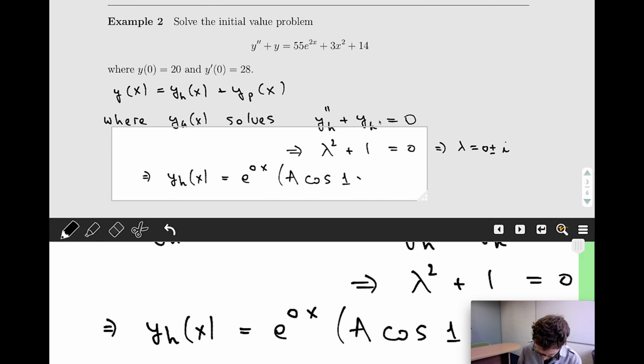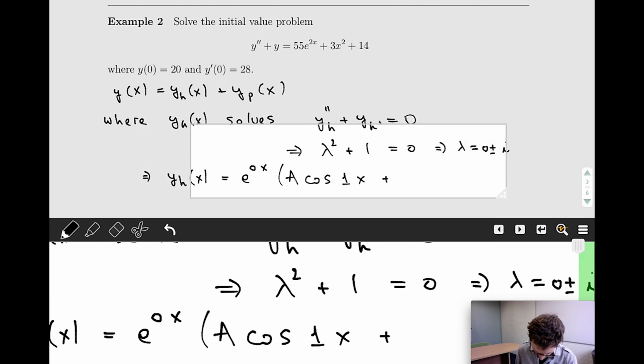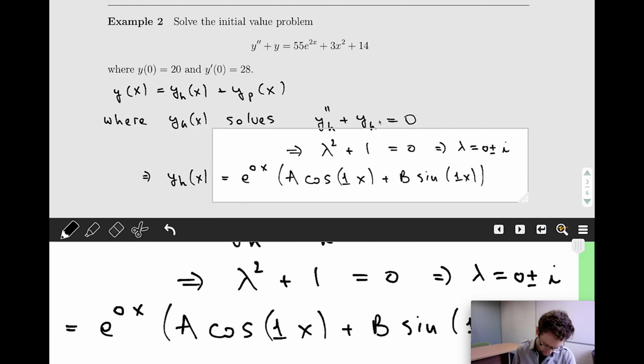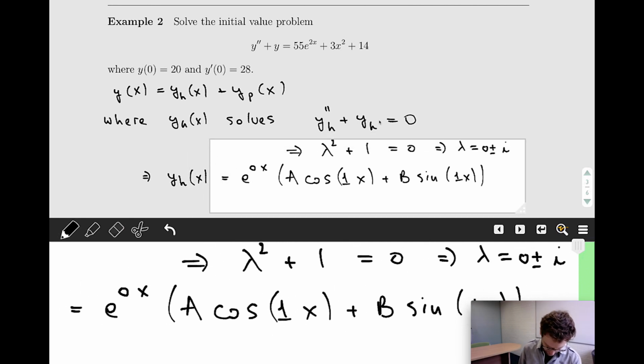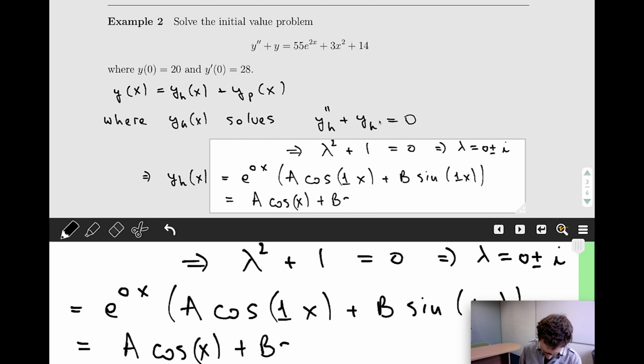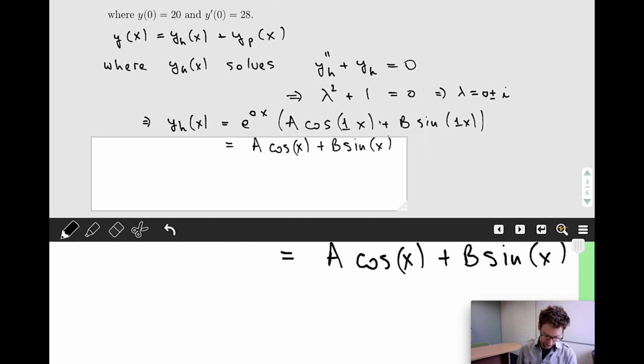So that was 1 times x, plus b sine of 1 times x. Of course, e to the 0 is just 1, so this is going to give me a cosine x plus b sine x. So that's my homogeneous solution.